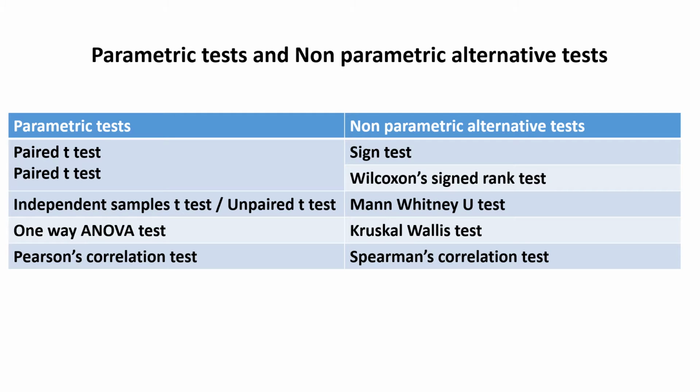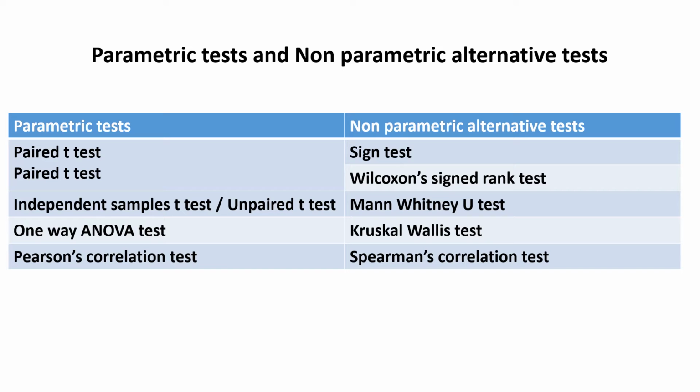Look at the paired t-test on the left side. Paired t-test is applied when you have data before and after treatment, or data from the same participants at two different times. Paired t-test can be applied when data is normally distributed. If data is not normally distributed, you can apply the sign test. Sign test is a non-parametric test.